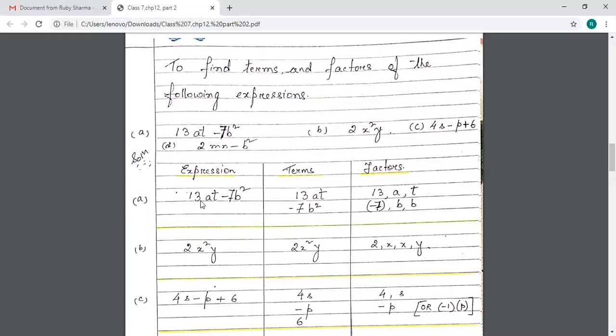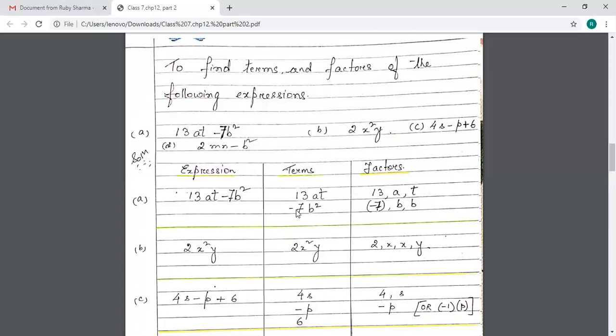Now let's go to the first one, 13a minus 7b square. So the two terms are 13a and the other one is minus 7b square. And I have written in this manner because the factors of each term will be different. So for 13a, factors are 13, a and t. We use commas to separate the factors. For minus 7b square, factors are what?